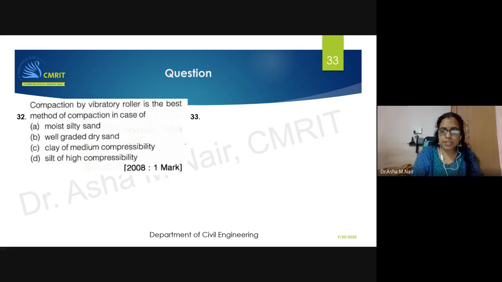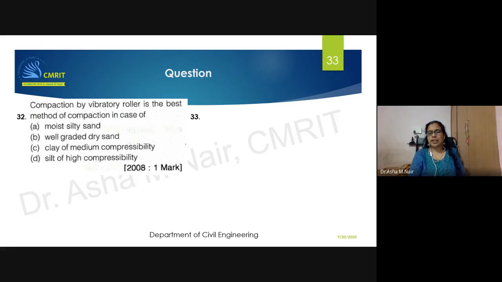Clay with medium compressibility, no way, because for clays we generally use only sheepsfoot rollers. And silts of high compressibility, we don't use it either, since they also have a clayey finer nature. So generally for the vibratory method, we resort to it only for dry sand.